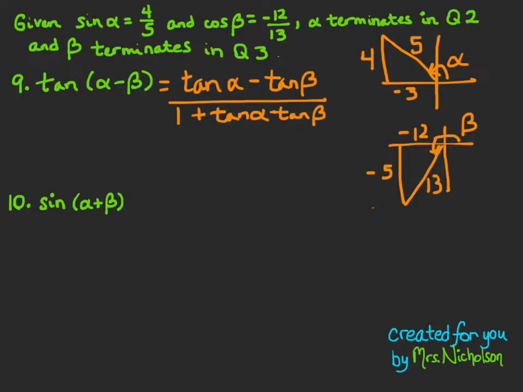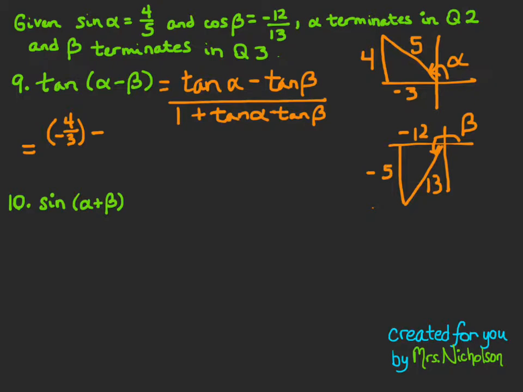And now let's substitute in values from our triangles. This is going to be equal to tangent of alpha. Now if I look at alpha, tangent of any reference angle is going to be y over x. And so for alpha, my y over x is 4 over negative 3, minus tangent of beta.